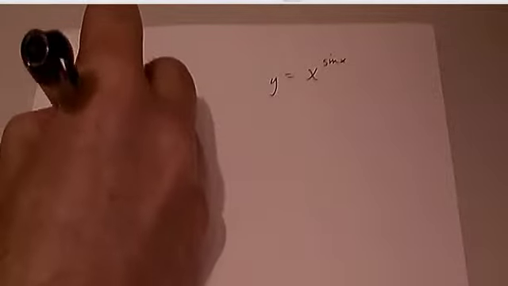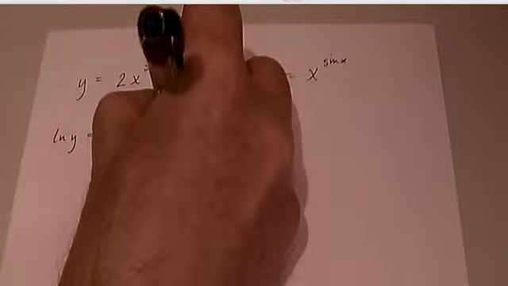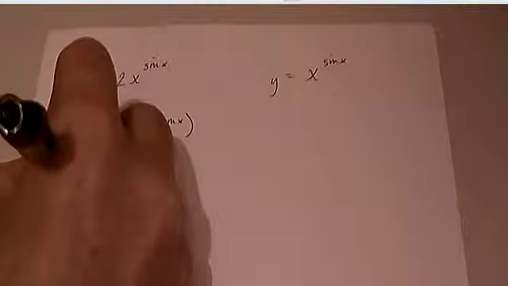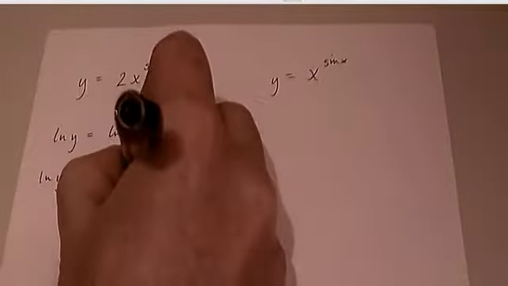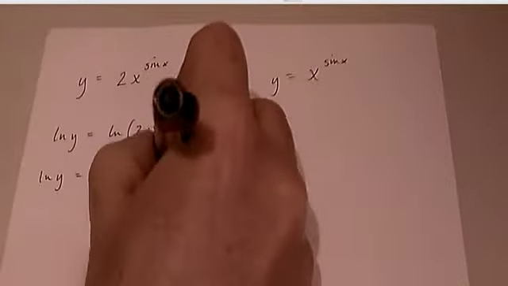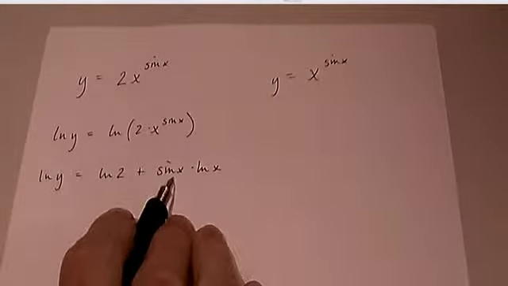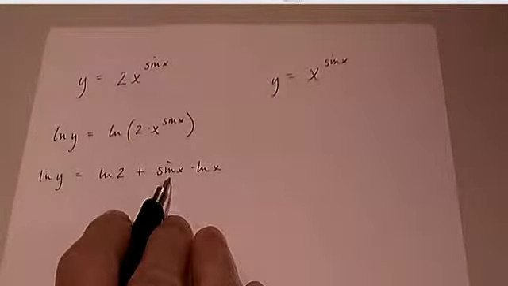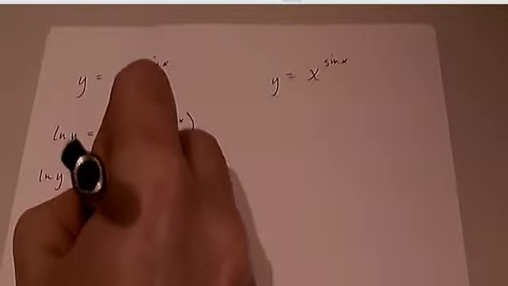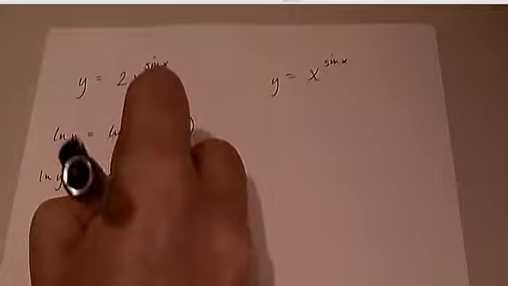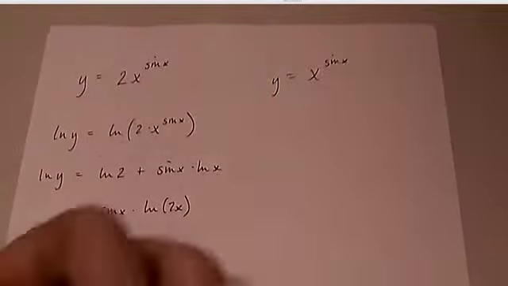So the moment that we do this, we have to recognize that natural log 2 has to be split off into its own term before you bring down that sine, okay? I don't know how many times I've actually seen sine x times natural log of 2x.